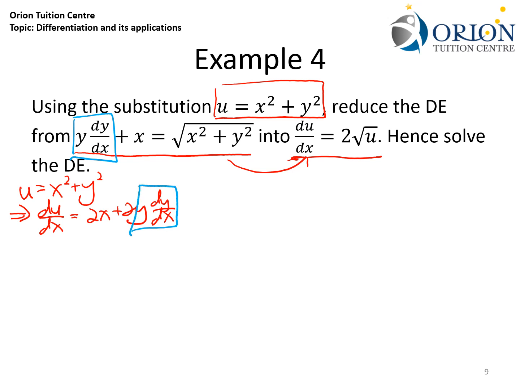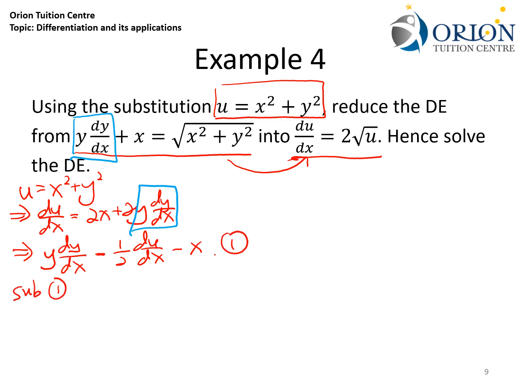Thus, it will be easier if we can make y dy dx the subject over here. So y dy over dx will be equal to half du over dx minus x. Now let's call this equation 1, and I'm going to substitute equation 1 into the original DE.